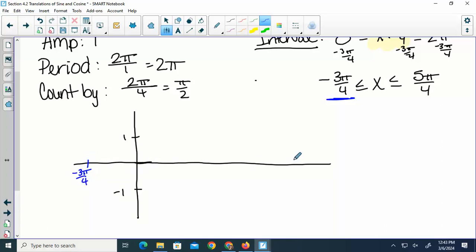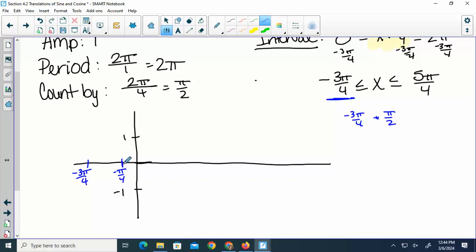There's going to be another number that goes between there. So how do we get the next number? We add the count by. So we're taking negative 3 pi over 4 plus pi over 2. This is like 2 over 4, so negative 3 over 4 plus 2 over 4 is negative 1 over 4, so negative pi over 4.